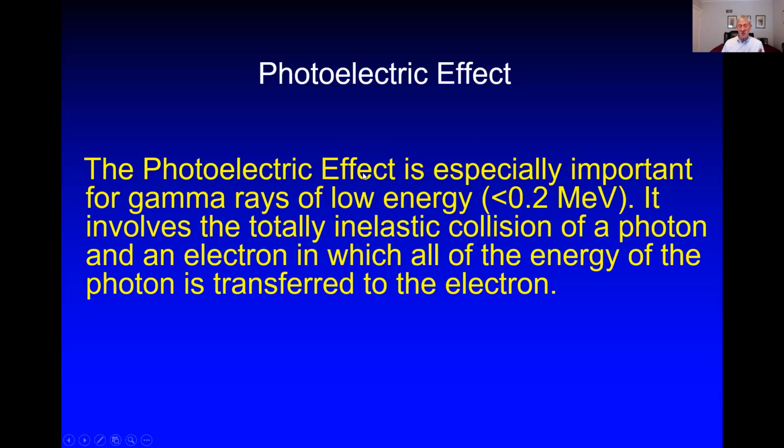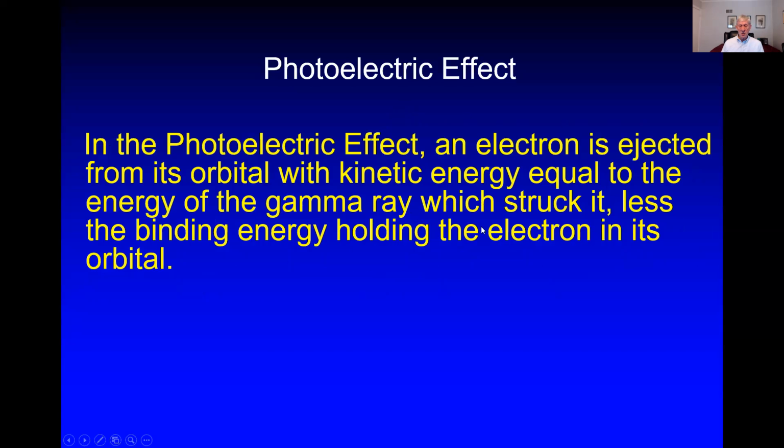But the one we desire is photoelectric because there are no secondary gammas that could interact in the crystal in the wrong location. So here's what we have. A photon hits an electron. That electron is ejected from whatever orbital it might be in.